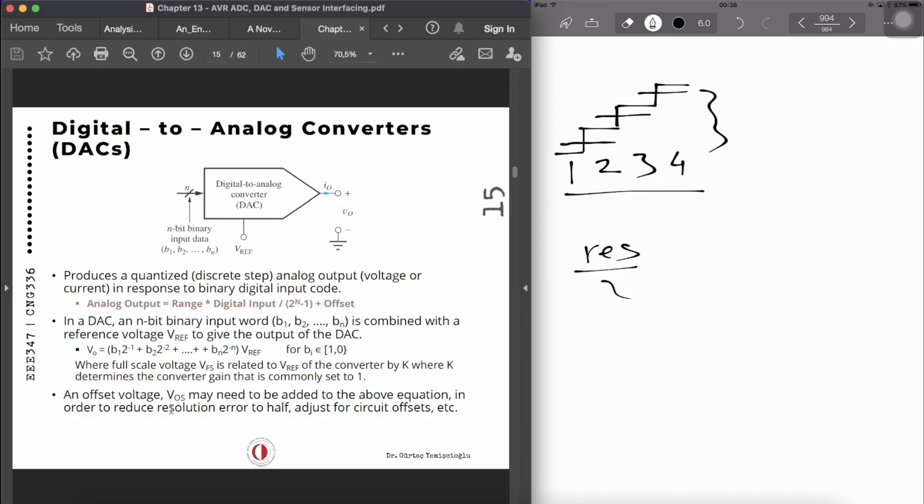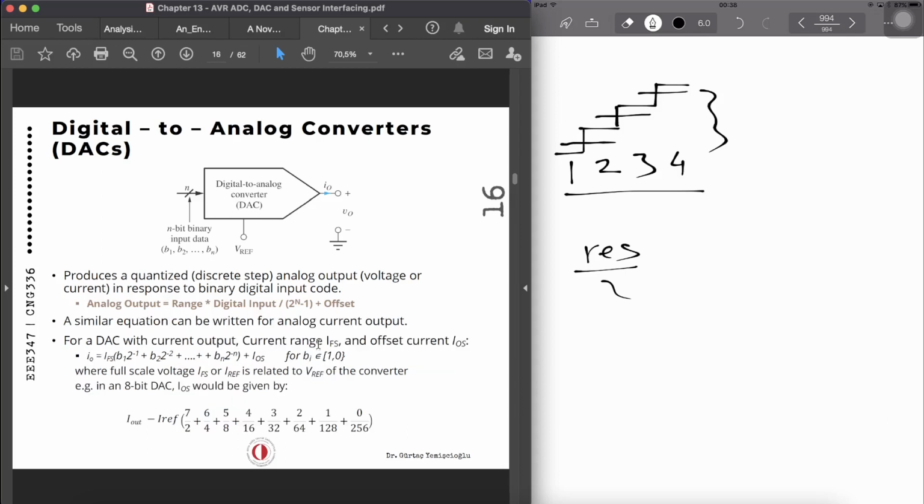Now, we have seen this formula. We have got the Vref, Vout, and so on, and we have used this in the previous example as well. And in general, just like we have a voltage output, it is possible to have a current output. So that's why we have got I out over here. So as you can see, I0 or V0, both are acceptable. We can have them. And we can use the same exact equations as before.